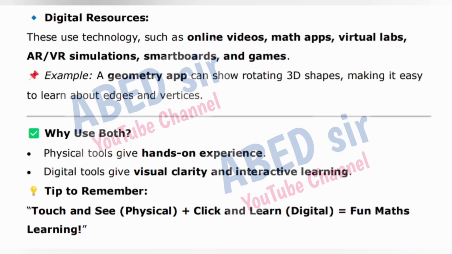Digital resources. These use technology, such as online videos, math apps, virtual labs, AR/VR simulations, smart boards, and games. Example: a geometry app can show rotating 3D shapes, making it easy to learn about edges and vertices.